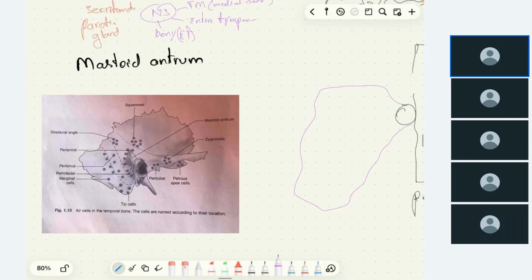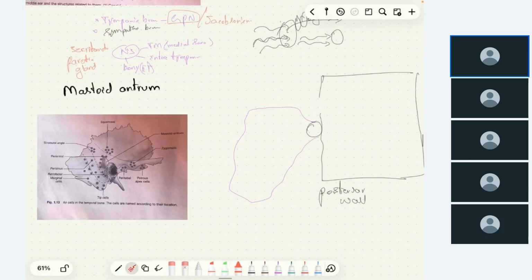The mastoid cavity has three types of air cells, that is sclerotic, pneumatic, and diploic. Sclerotic air cells are cells where there is no air inside. The pneumatic ones have air inside.